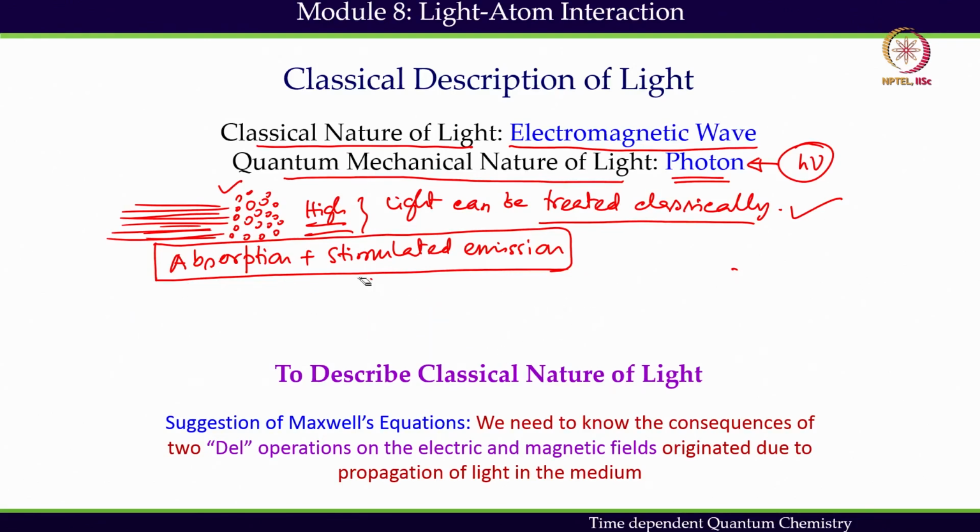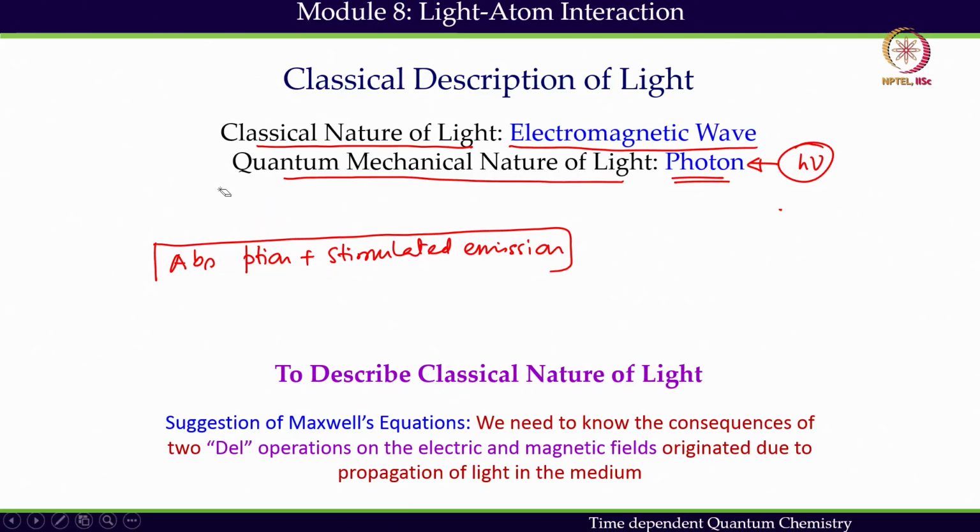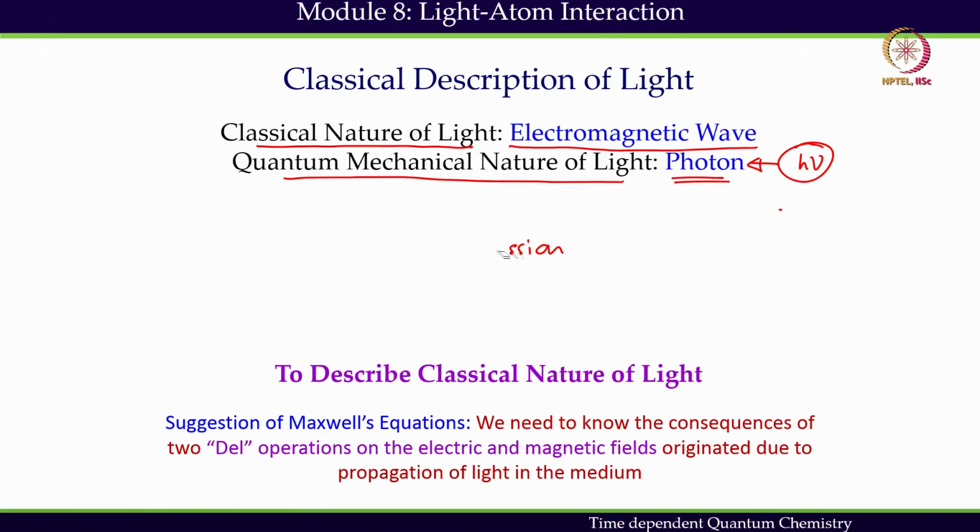These are the two processes we will describe in this module, and that is why we say that the classical nature is valid. So, if I consider the classical nature of light, light as a classical electromagnetic wave propagates through the medium.